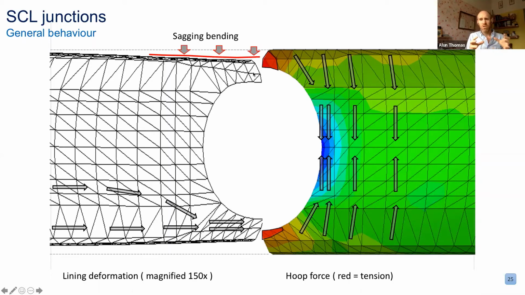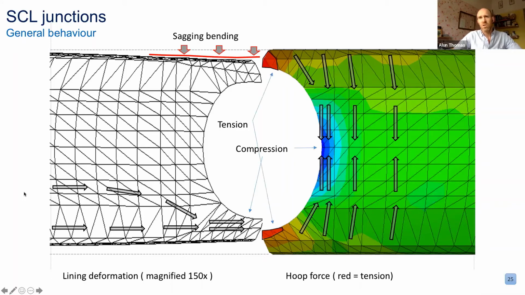So as the aspect ratio of the child and parent junction increases, in other words, as the child tunnel gets bigger compared to the parent tunnel, this area in the crown becomes a little bit like a flat plate. And consequently, you can see it bending, particularly under this vertical gravitational load here. It bends more than underneath.